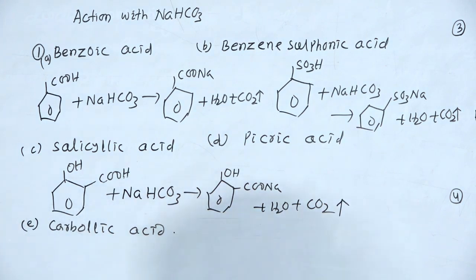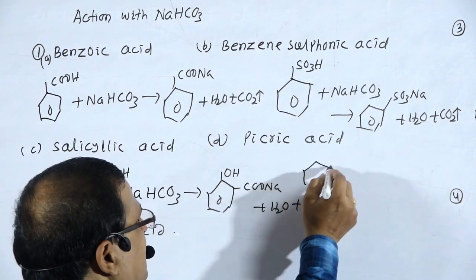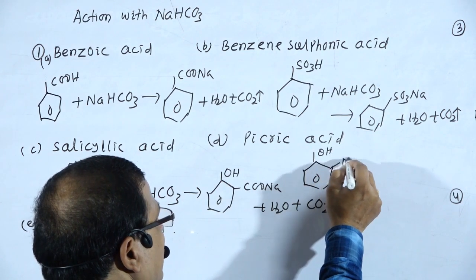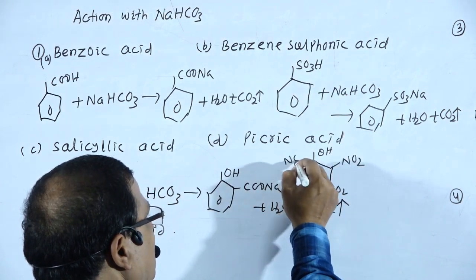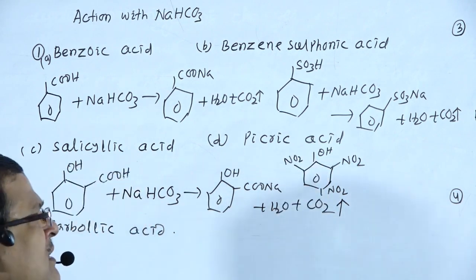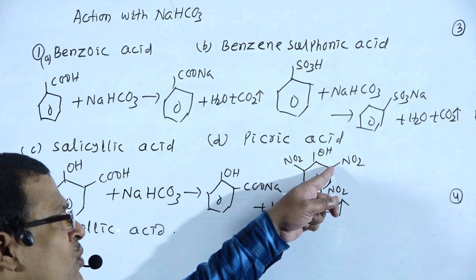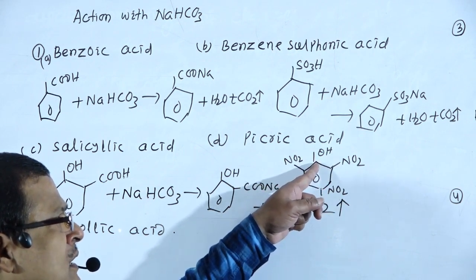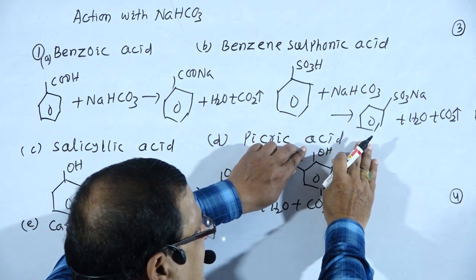Next, let us explain picric acid. What is the formula for picric acid? Benzene that contains OH and three NO2 groups at positions 2, 4, 6. We have to number from the carbon atom bearing the OH. If all these groups are not there, then that is treated as phenol.